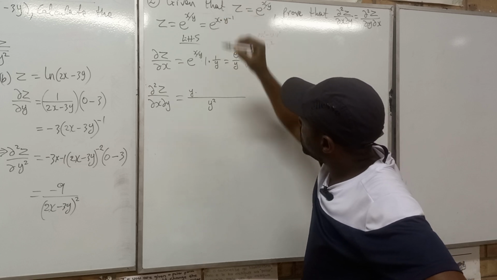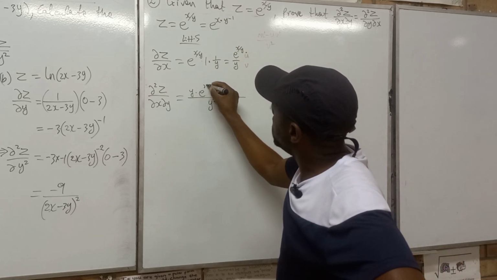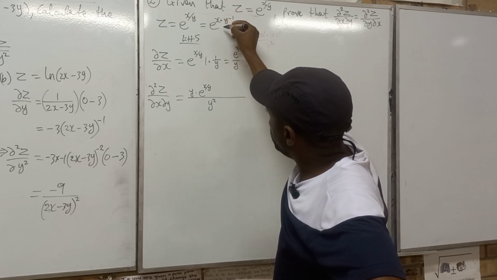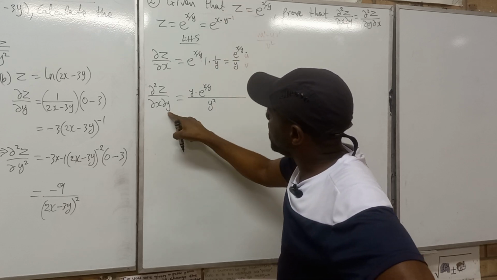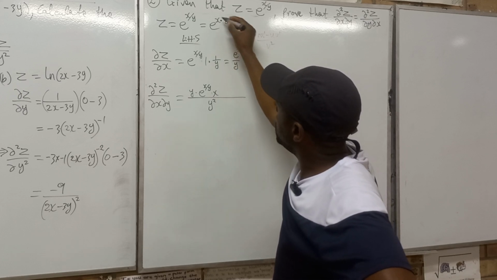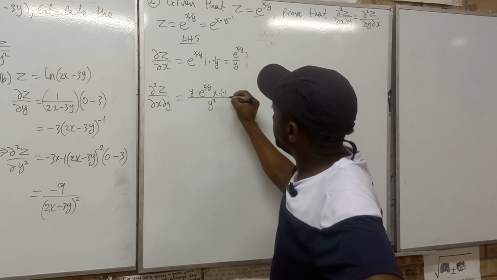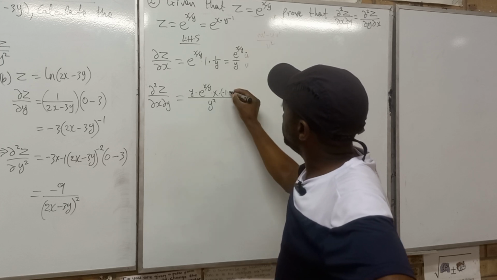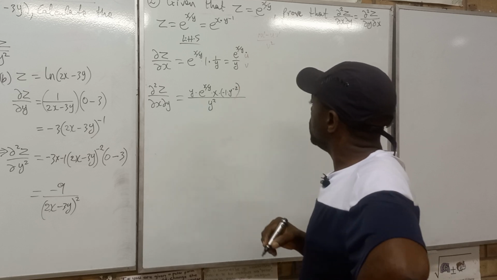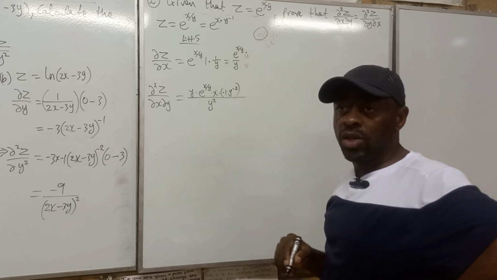If you have to differentiate it with respect to y, each time you differentiate e, it must stay the same first. That is your chain rule. Then when you go to the exponent, you are now targeting y. So it means your x will be written exactly the way you see it. Then to differentiate y, you bring down the power, then you subtract 1 from the power, it becomes y to the power minus 2.